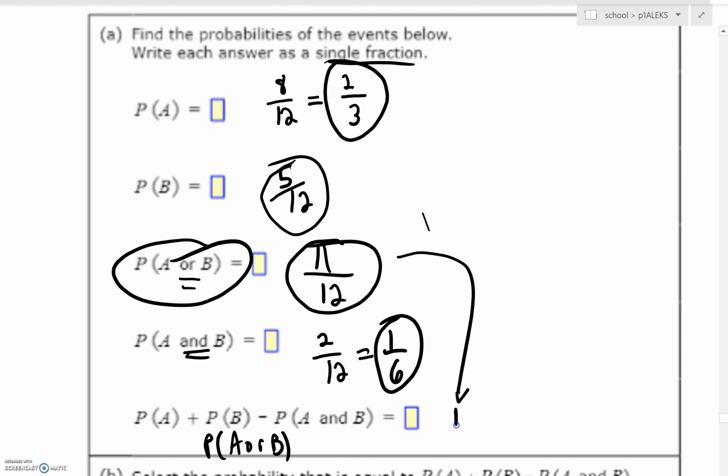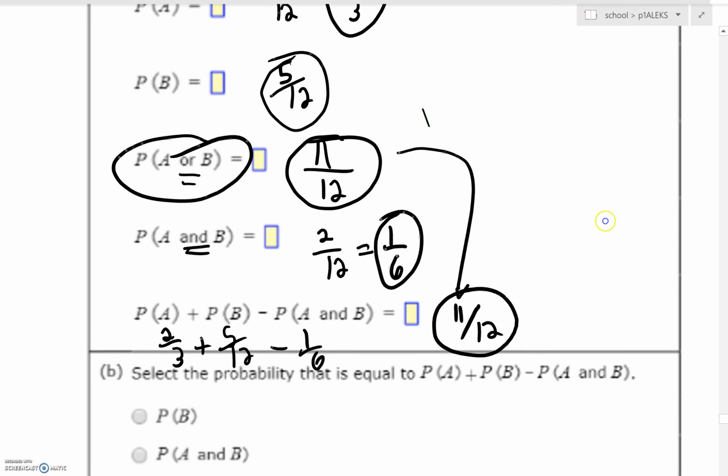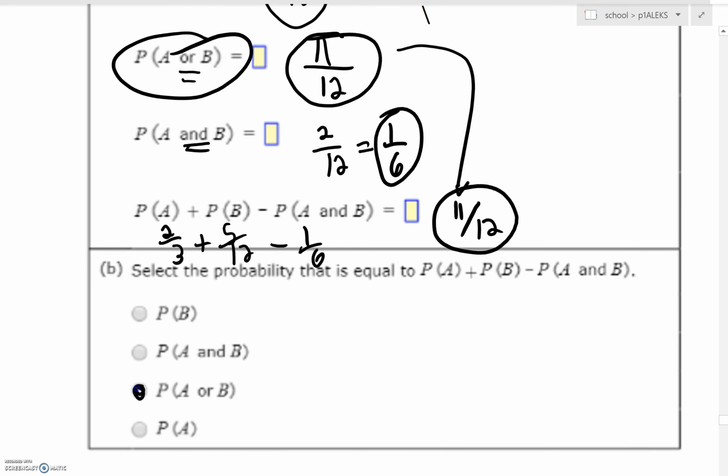So tell you what, you could cut to the chase. Be my guest if you'd like. You could work out all the arithmetic. You could, if you wanted to, take 2/3 plus 5/12 minus what you just found right here. You will see that you get the same thing. And as we've been saying, it's always going to be this or.